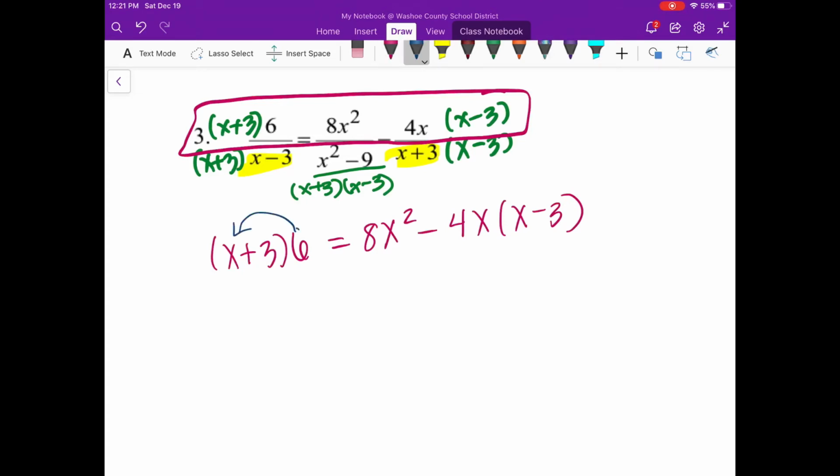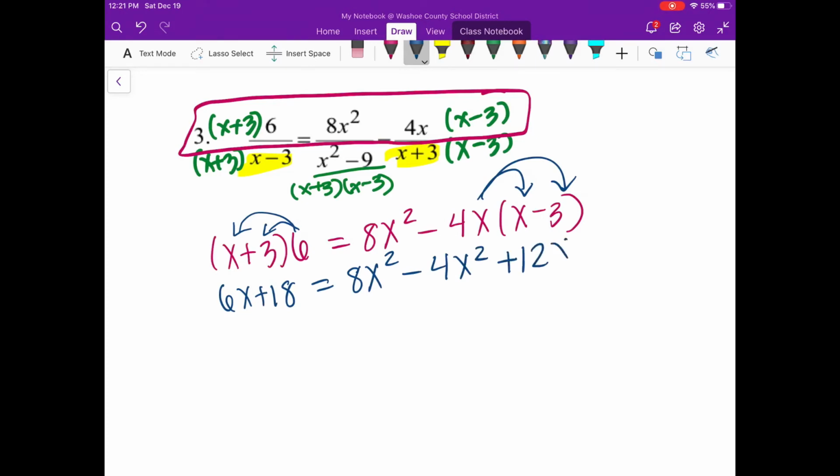And then go through, simplify, distribute, all that fun stuff. So here we go. Distribute this out. 6x plus 18. And then I'm going to distribute this out. So I'm not doing anything with the 8x squared. But then I'm multiplying minus 4x squared plus 12x.